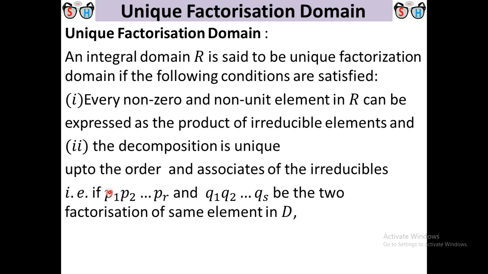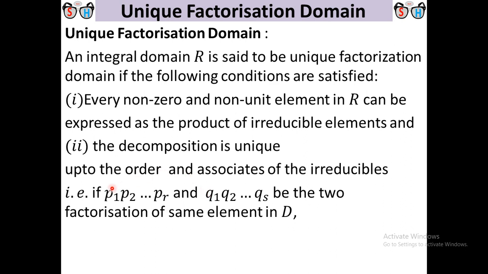And the factors must be associates of irreducibles. They are unique because they have the same factors, up to order, but the order may not be equal. That is, p1 may be in the second position here, and p2 in the last position there. So p1 and q1 may not be equal. Instead of equality, these will be associates of irreducibles. That is, if p1 is irreducible, then q1 must be irreducible, and q1 must be an associate of p1.